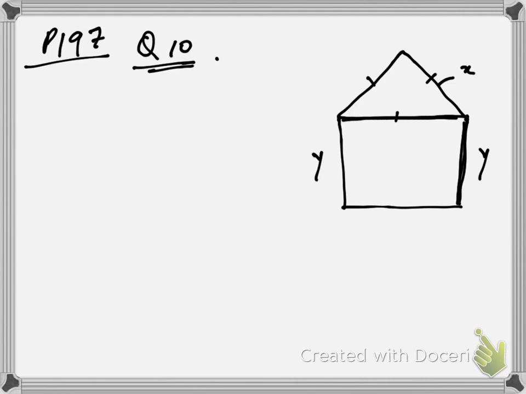Since that is equal to that, that'll be x, that'll be x, that'll be y. All right, so it says the perimeter of the pentagon ABCDE is P.